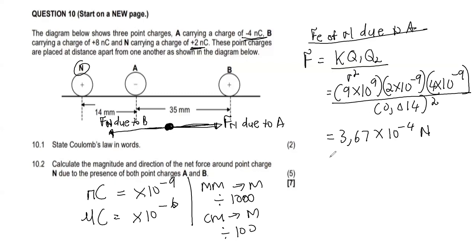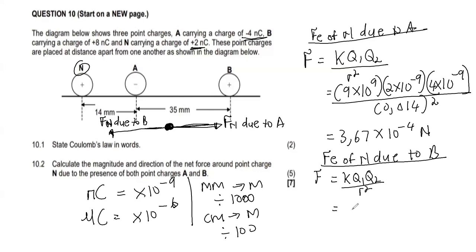Okay, now let's calculate the electrostatic force of N due to point charge B. Again, the formula is K Q1 Q2 over R square. Now let's substitute. We have 9 times 10 to the exponent of 9, while Q1 again is the charge of N, so that's 2 times 10 to the exponent of negative 9.